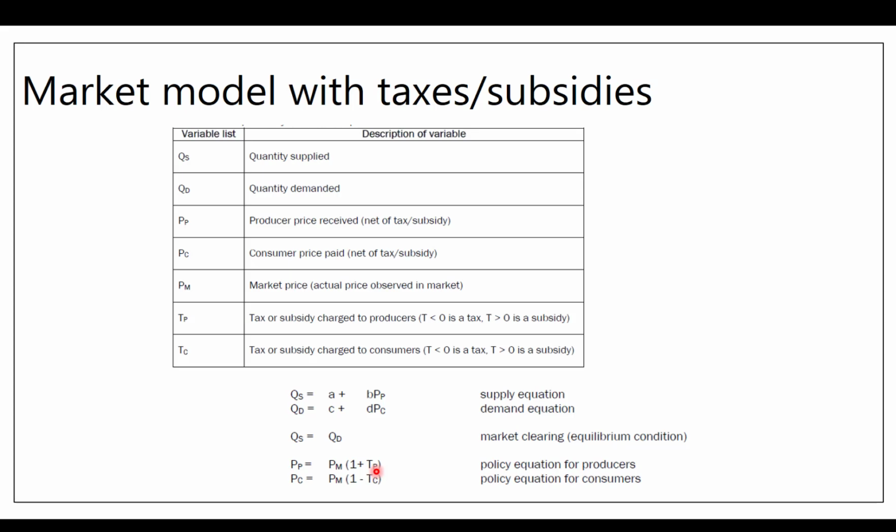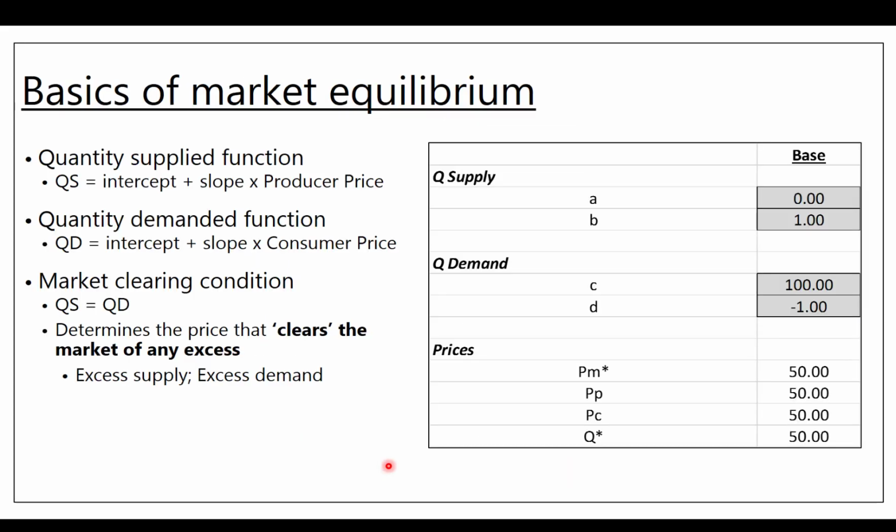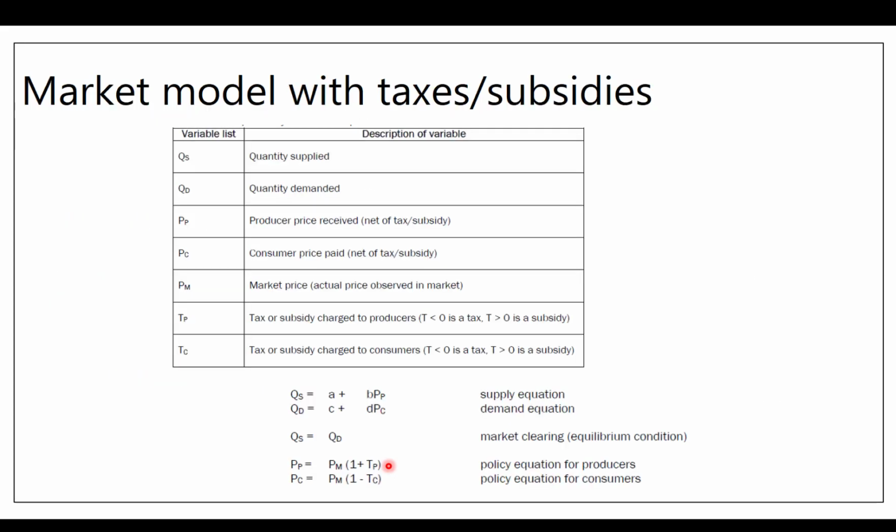And so the logic is, if you have a 1% tax added to, or sorry, a 1% subsidy added to the producers, you find a market price, you add 0.01 to the value 1, and so the market price multiplied by 1.01 gives you the producer price.